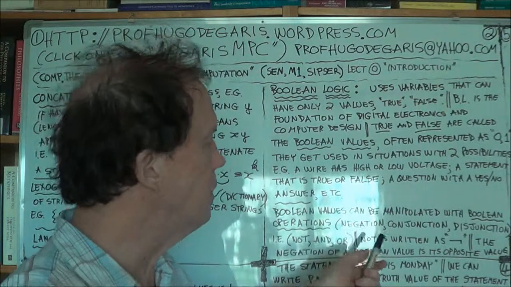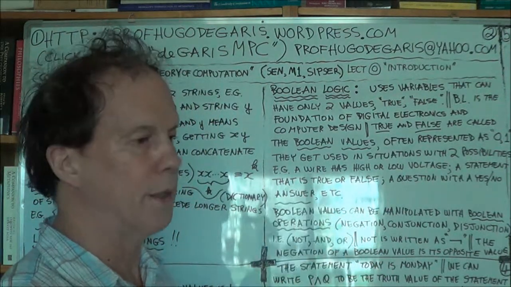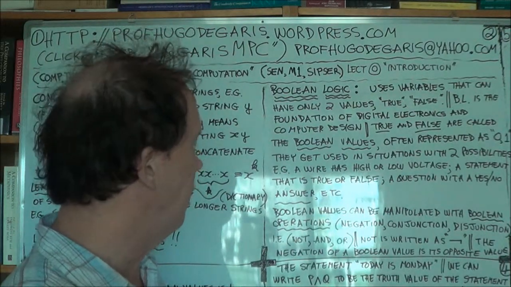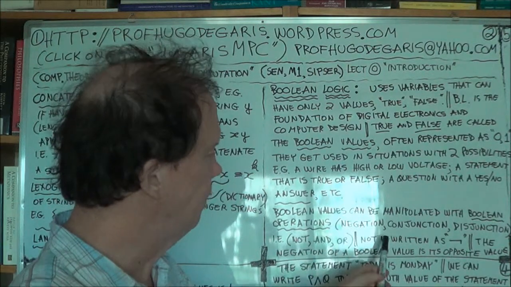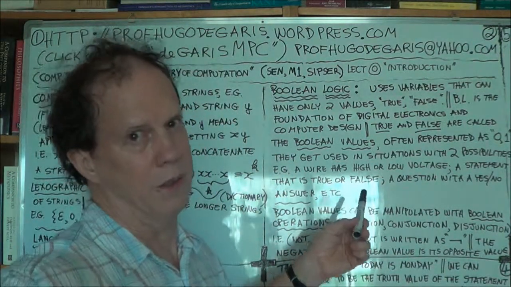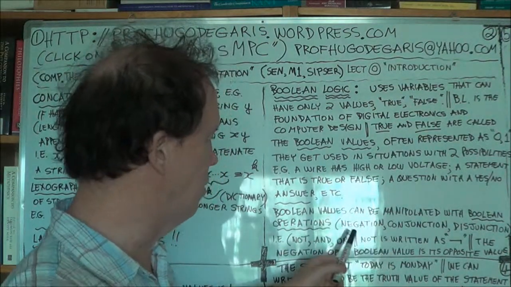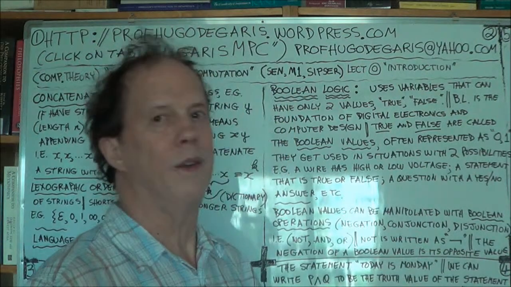But the 3 main operations on Boolean variables have names: negation, conjunction, and disjunction, or in simpler terms, just referred to as not, and, or.